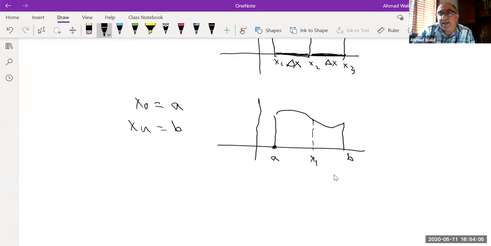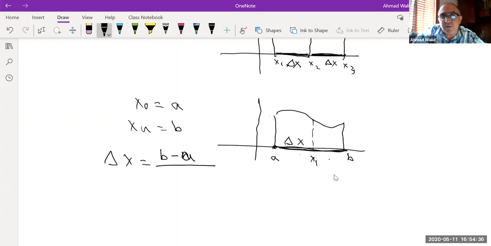Always to calculate the delta x, you subtract this from this, correct? It means the formula for the delta x is b minus a, sorry, over the number of rectangles that you divide the area under the curve.